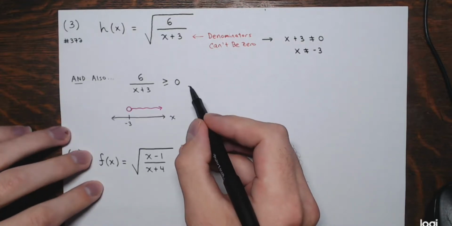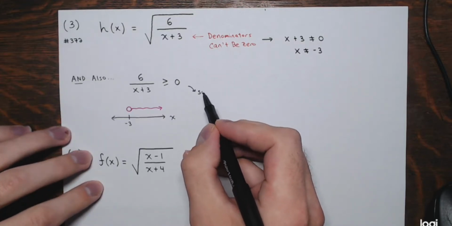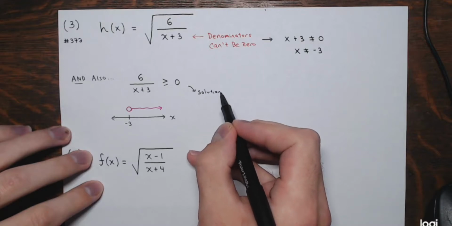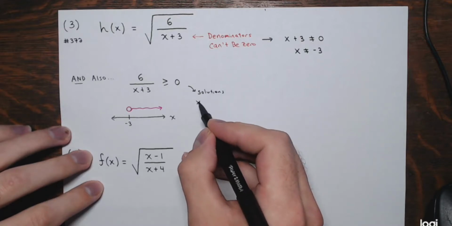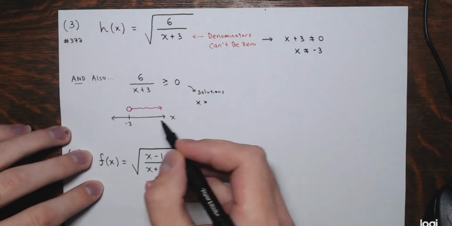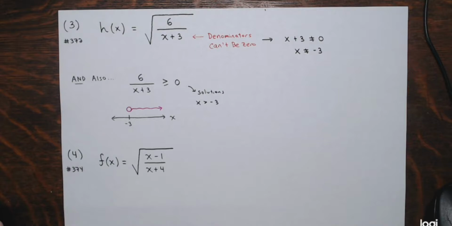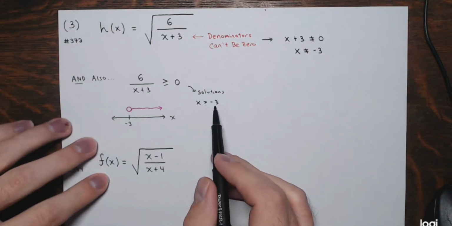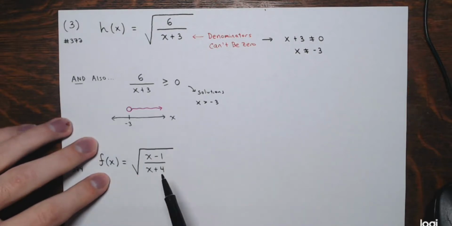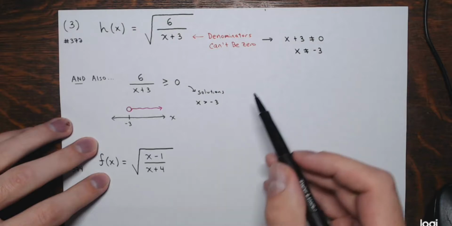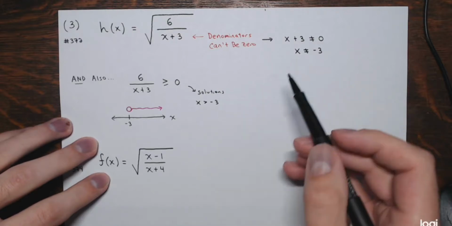All right, so again, the solutions of this inequality here are values of x that are simply greater than negative 3. Right, x has to be a number greater than negative 3 to make that true. And then putting these together, we get our domain. Right?